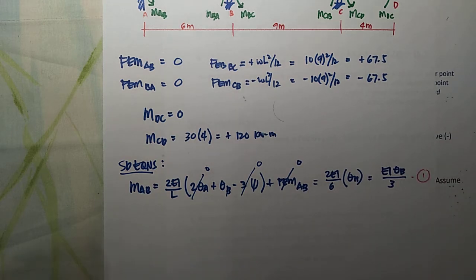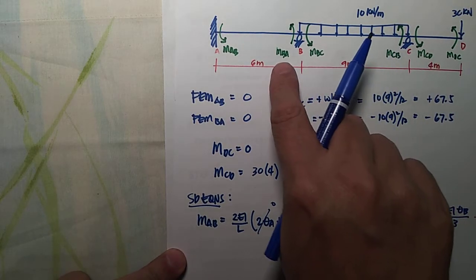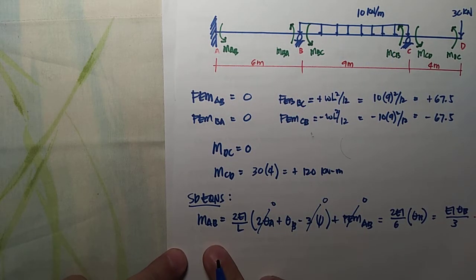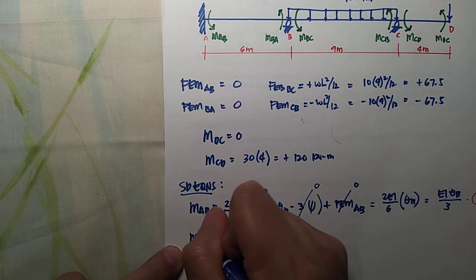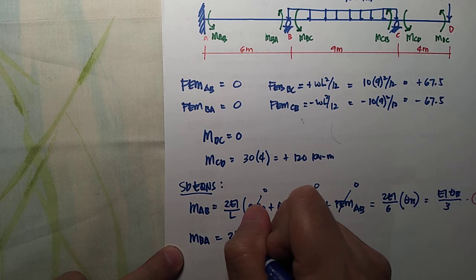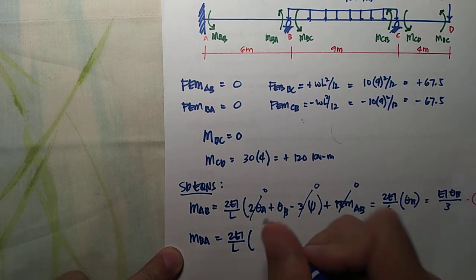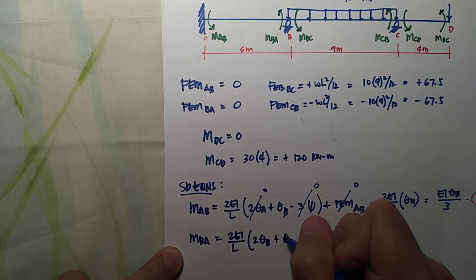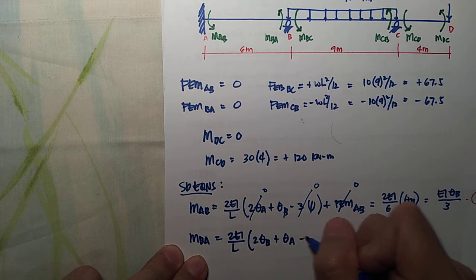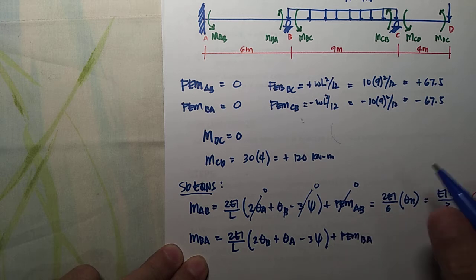Okay, next. What's the next slope deflection equation? That would be based on MBA. So we have MBA equal to 2EI over L times 2 theta B, since B is the near point, plus theta at the far point A, minus 3 psi plus the FEM on BA.